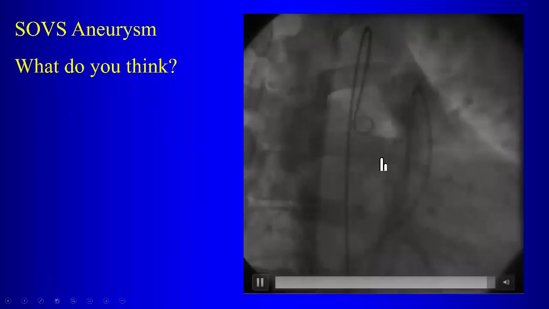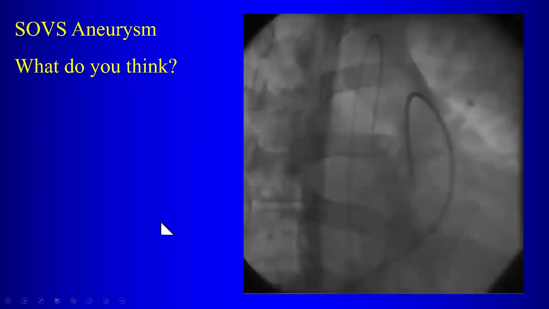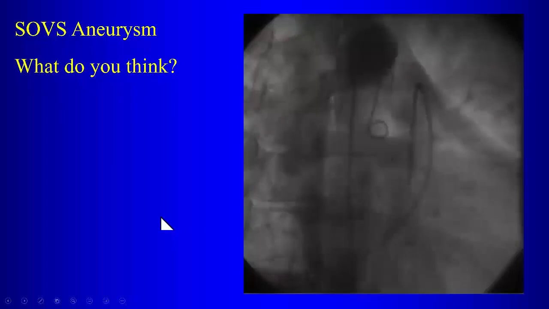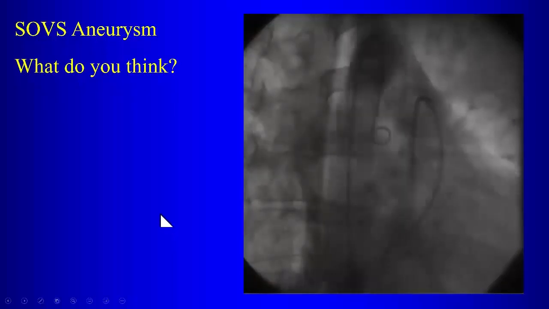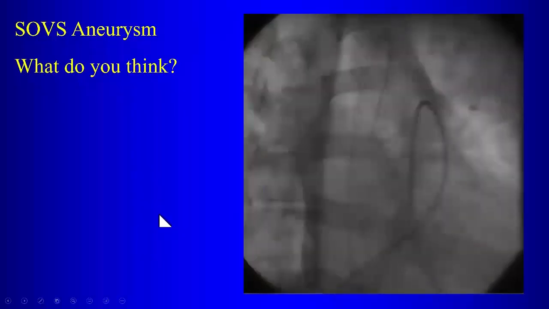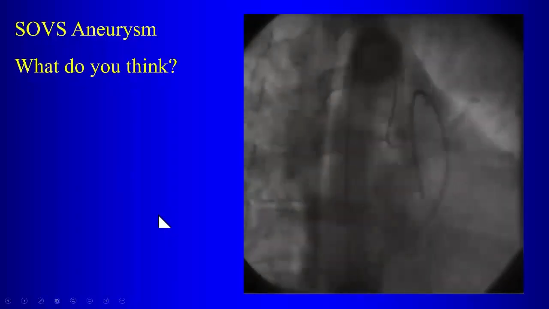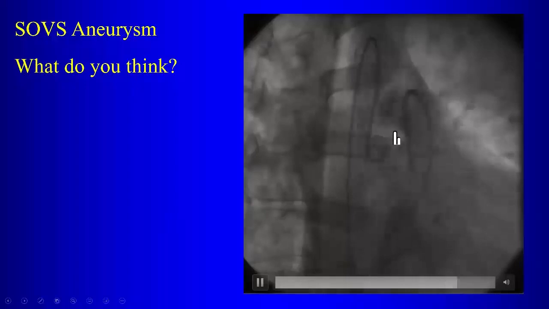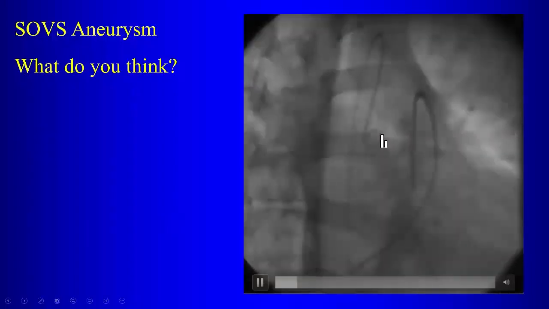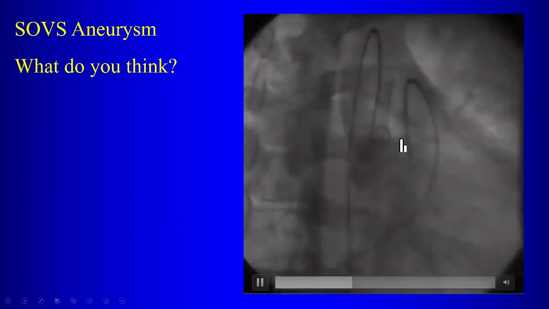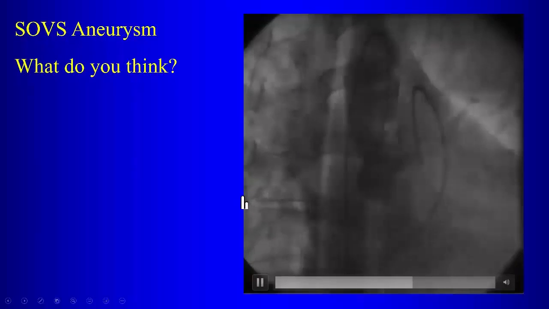There's a sinus of Valsalva aneurysm on the right side, but why else am I showing you this? You guys see anything? So the catheter is where? In the ascending aorta. We're injecting contrast, right?